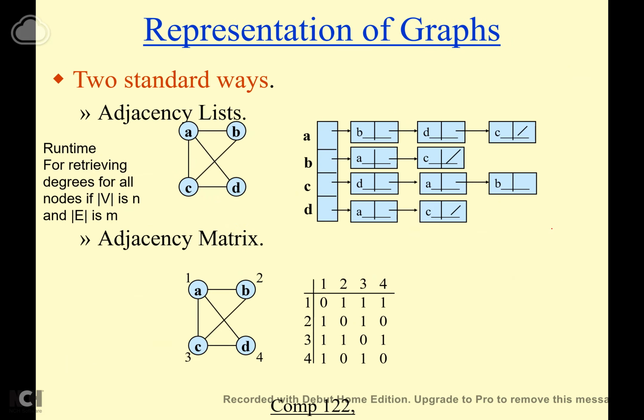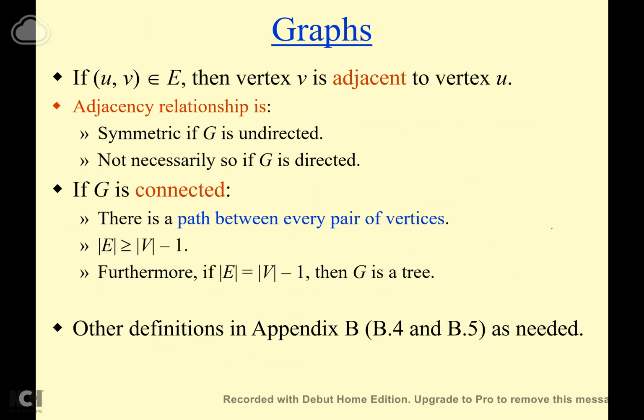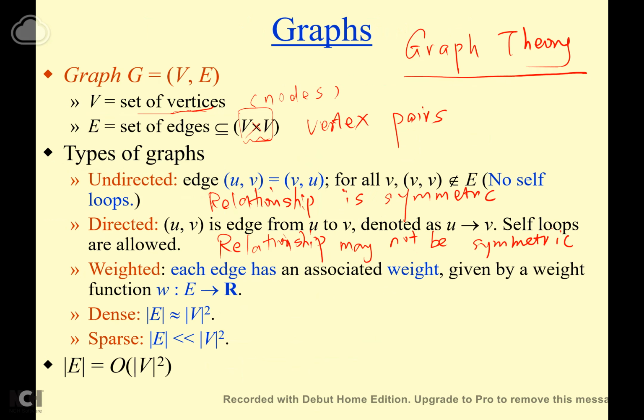And we see the direction really makes a difference. If you have U to V or V to U, these are different edges. In a weighted graph, each edge has an associated weight given by a weight function W: E to R.